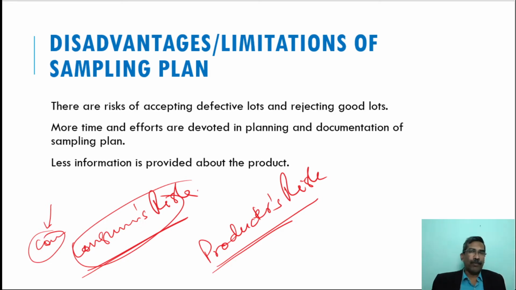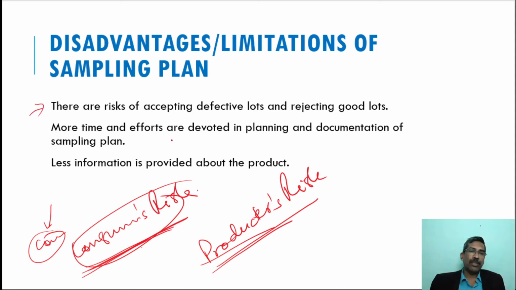If the number of defectives in the 100 products is more, we reject the entire lot, but there may be a probability that the rest of the items in that lot are of very good quality. This is known as producer's risk. We will discuss both consumer's risk and producer's risk involved in this sampling plan. So this is one of the limitations.